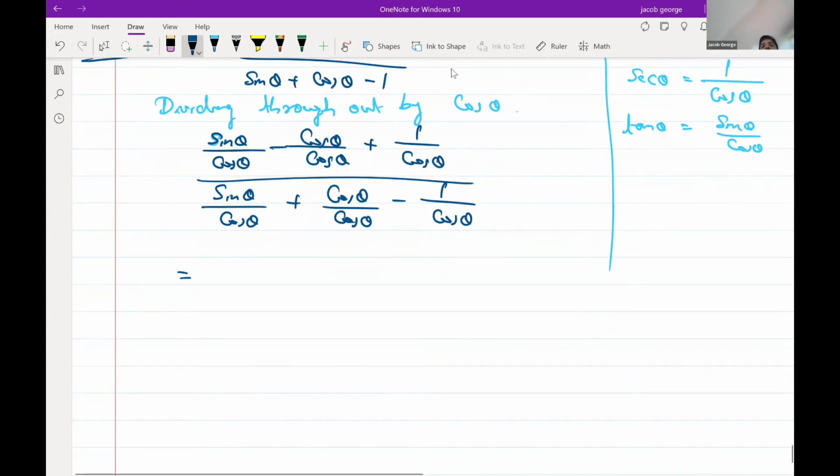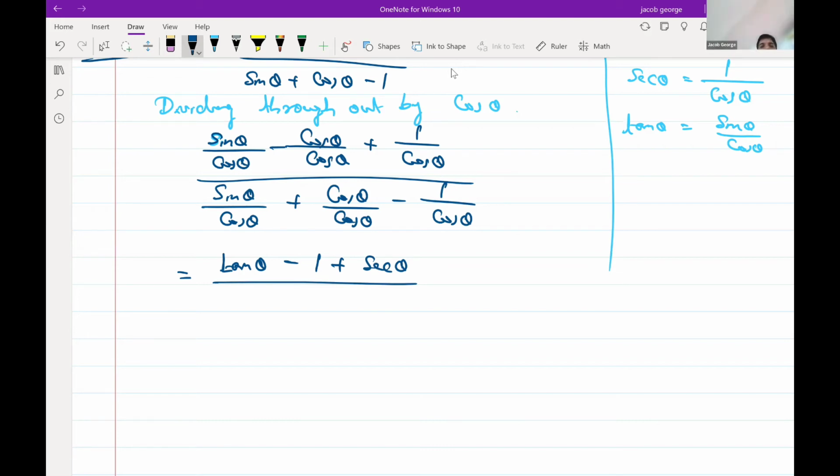Now, what about sin theta by cos theta? Tan theta. So this is tan theta minus 1 plus, what about this? Sec theta, right? 1 by cos theta is sec theta.